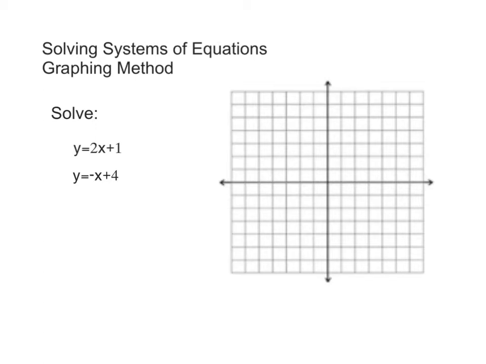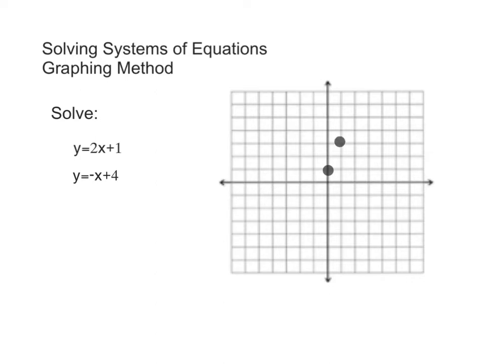So the way we're going to do it here is by graphing y equals 2x plus 1. And you should already know how to graph that. So this is from 2 units ago. We're going to start with the y-intercept of 1. We'll put a dot there. Right? y equals mx plus b, so y equals 2x plus 1. Start at the y-intercept of 1. The slope is 2, so that means from there you go up 2 and over 1.